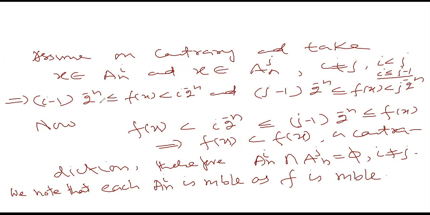The inverse image of this semi-closed interval is always a measurable set whenever the function is measurable, and here the function is measurable. So A_{n,i} is measurable for each n and i.